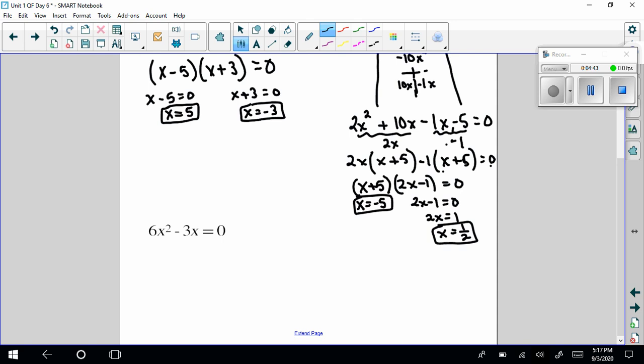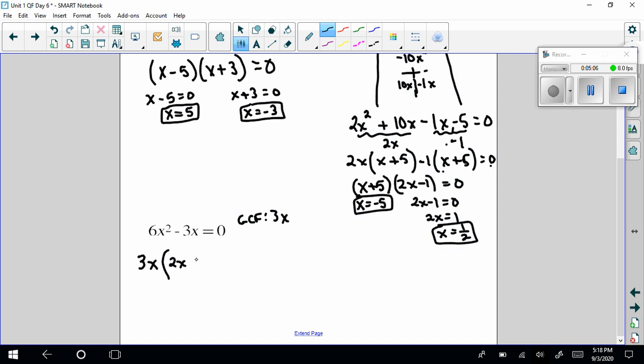So now this one's a little bit different because I'm missing that constant term. So it's already equal to 0, so I have a greatest common factor of 3x. So if I pull a 3x out of this one, 6x squared divided by 3x is 2x.